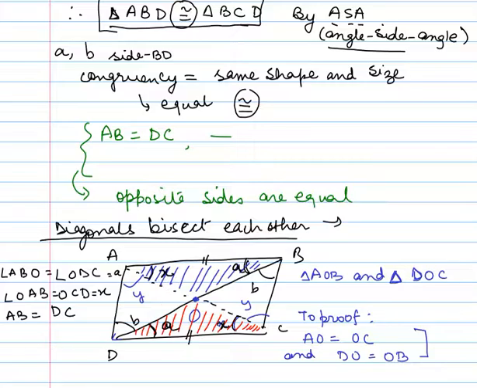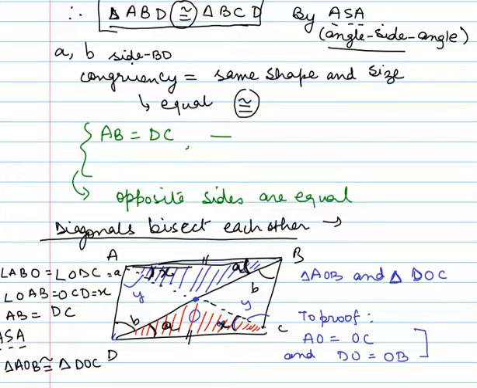So again, with the property of ASA, angle side angle, these two angles and the included side of triangle AOB and DOC are equal. Therefore, triangle AOB is congruent to triangle DOC.